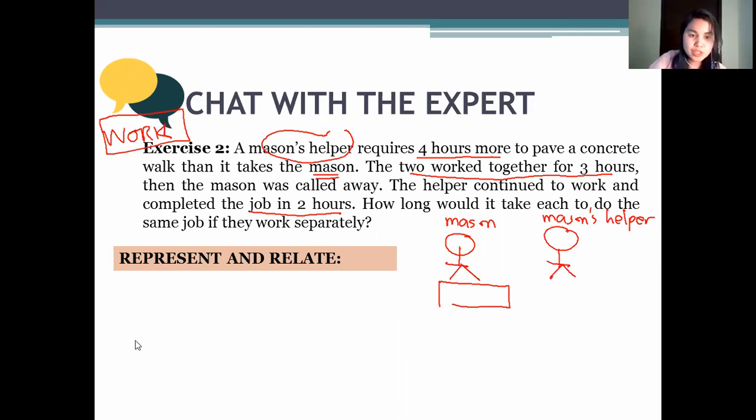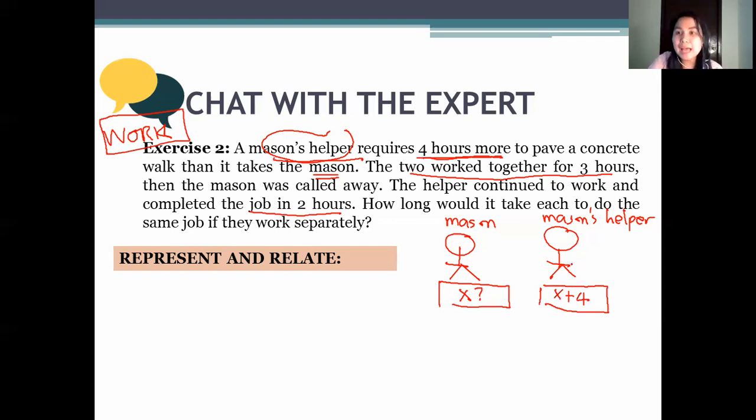So we just place X for the mason. And the mason's helper requires 4 hours more than the mason. So how long can the mason's helper work alone? That is X plus 4 or 4 plus X.